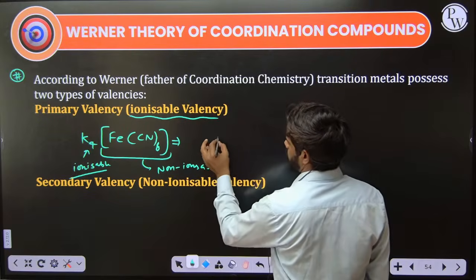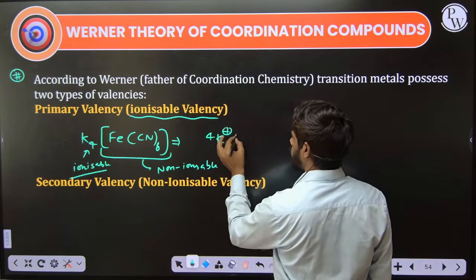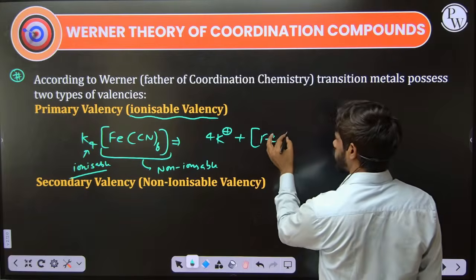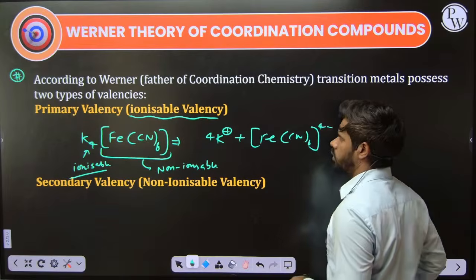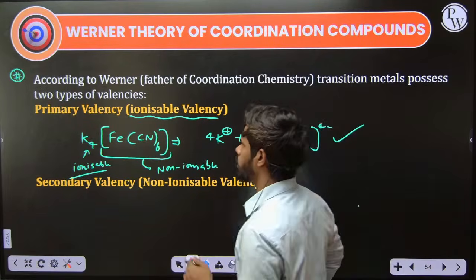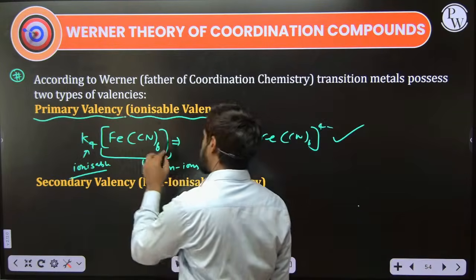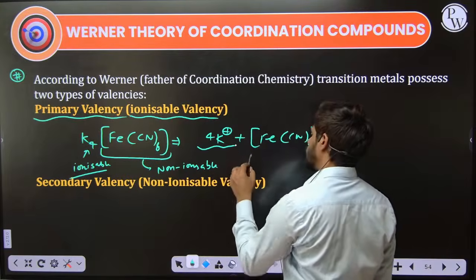So basically it can be converted into 4K+ and [Fe(CN)6]4-. This is given by the primary valency, which gives ionizable ions.